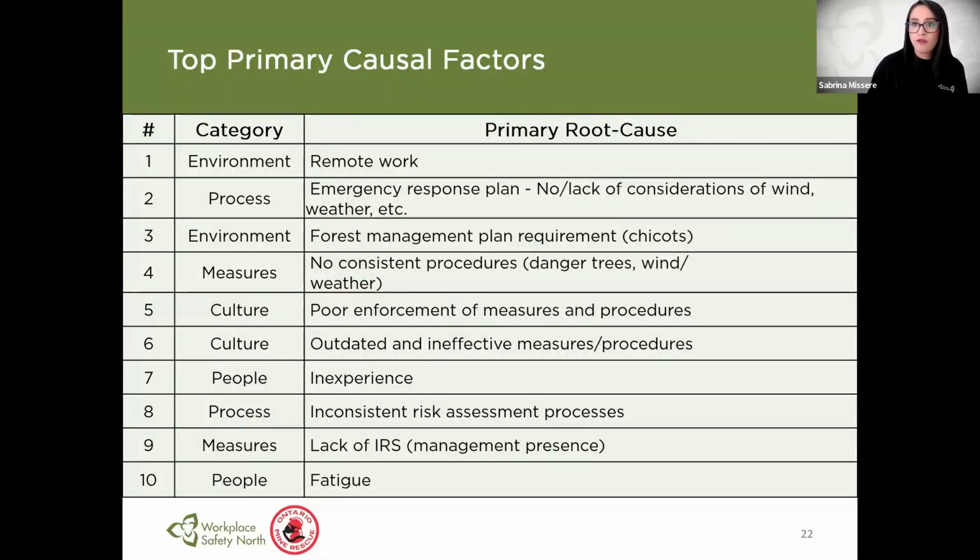So again, of those 6 factors, 5 of them, so your environment, process, measures, culture, people, those are the ones that did capture the top 10.